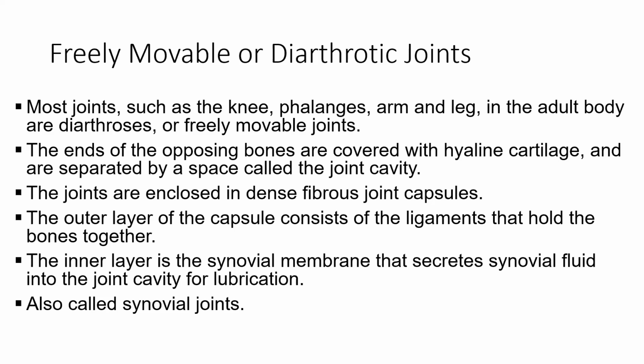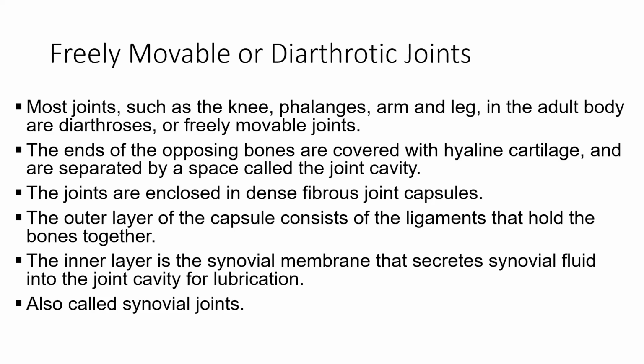So we surround the cavity where the two ends of the bones that articulate come together, and then we fill that with fluid. So we have a capsule. And then we have ligaments on the outside of the capsule holding everything together.